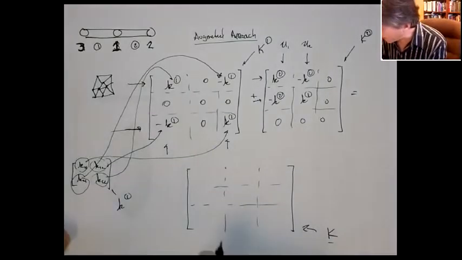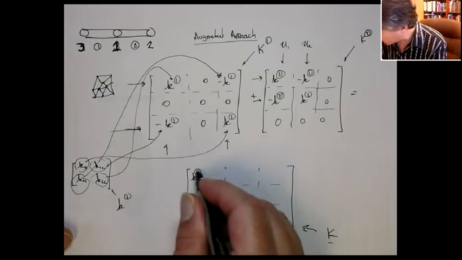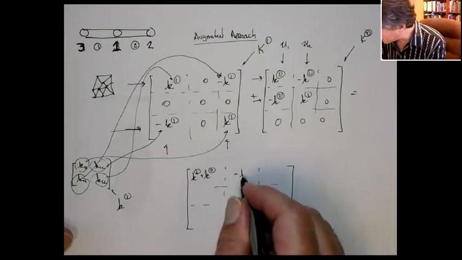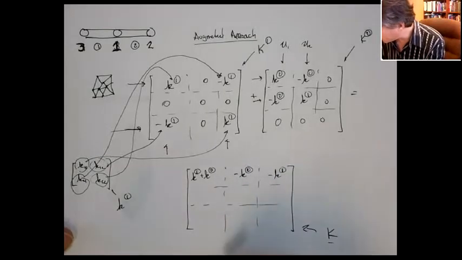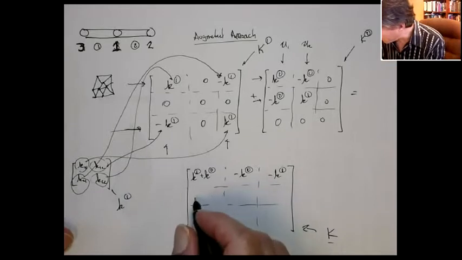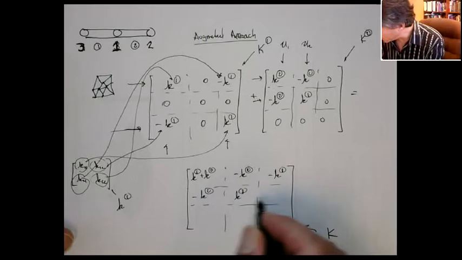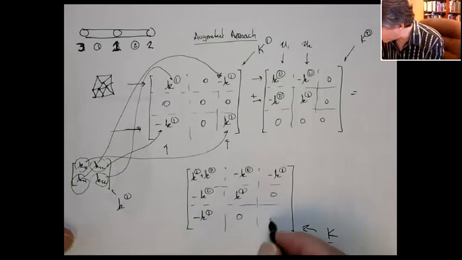And so if we write this out, we just sum those together. I get up here K1 plus K2. Then I get a minus K2. And then I get a minus K1. And then I get a minus K2, and then a K1, and then a 0, and then a minus K1, a 0, and then a K1.